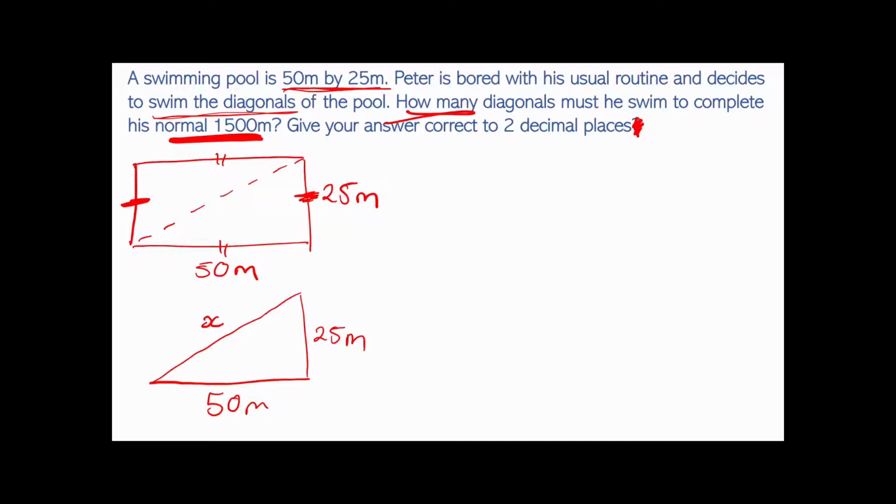So Pythagoras' theorem, I can see that this diagram down here is a case 1 example because I've got my 2 shorter side lengths and that diagonal is my hypotenuse. So a squared plus b squared equals c squared.